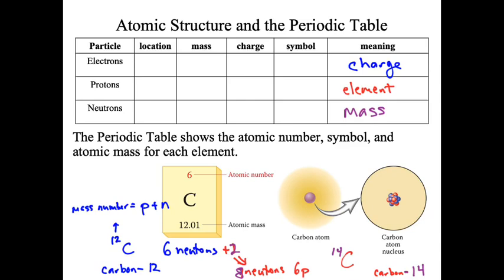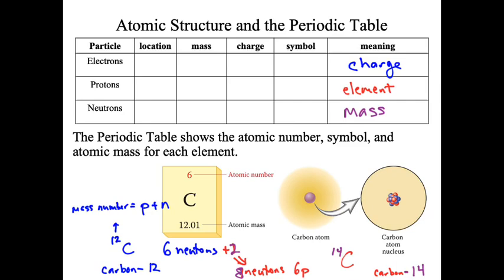Because it's an average of the isotopes. So if we averaged 12 and 14, because those were the masses, we would get what the periodic table tells us. Just want that one to sink in a little bit. Sarah, what are isotopes?